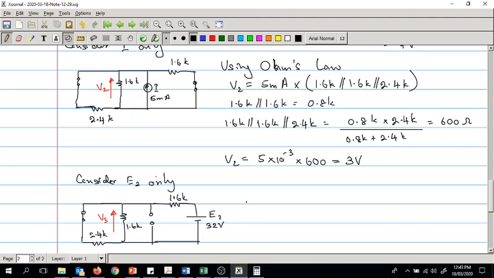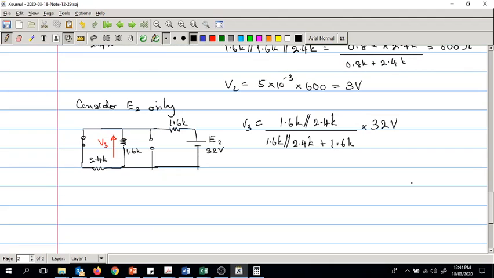So V3 is now equal to 1.6k parallel 2.4k over 1.6k parallel 2.4k plus 1.6k, that is this resistor, into 32 volts.